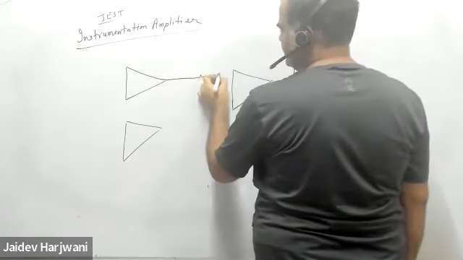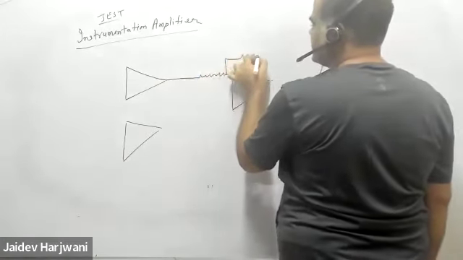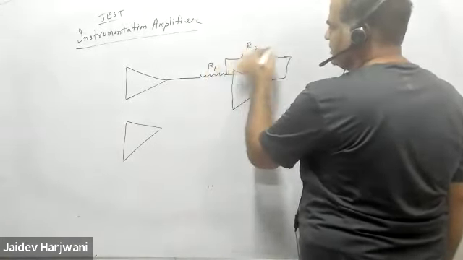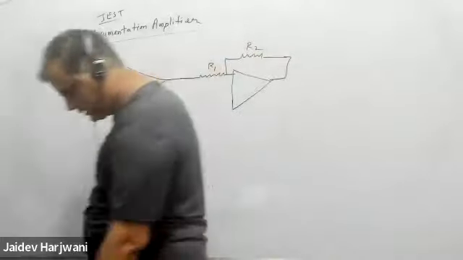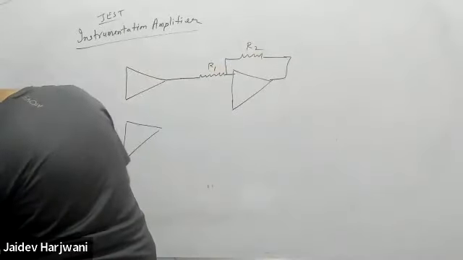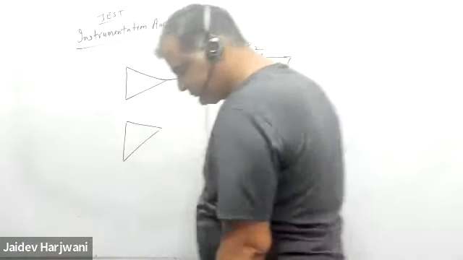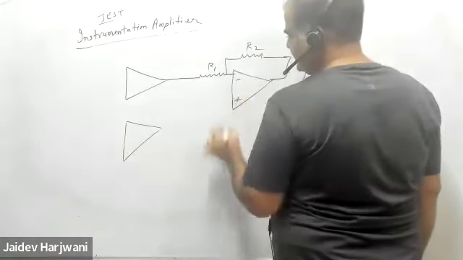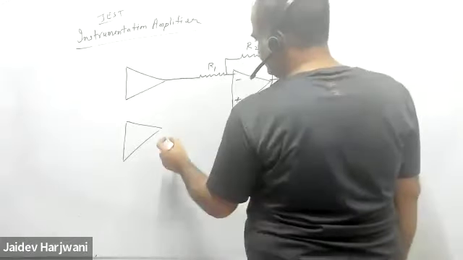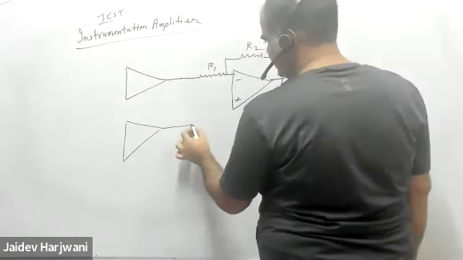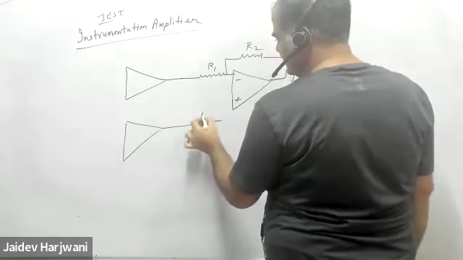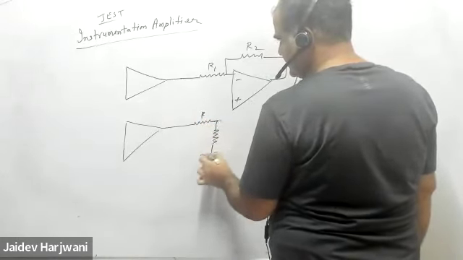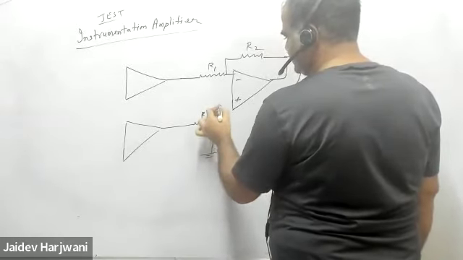Here you have R1, R2. This is your minus, plus. Similarly, the output of this one is also coming here. R1, R2, and this is coming here.